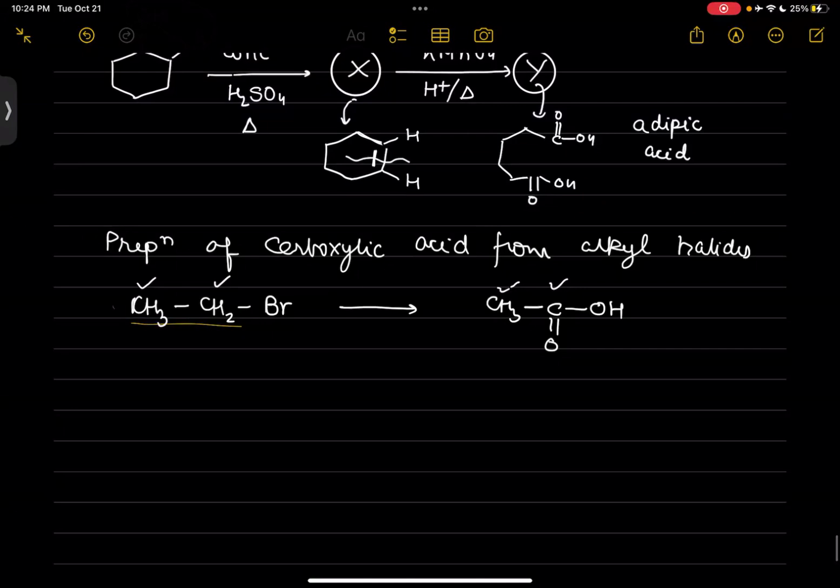So do we need to put in an extra carbon, or do we need to continue with the same number of carbon atoms? First you should keep this in mind. We need to continue with the same number of carbon atoms, because two carbons are there in bromoethane and two carbons are there in acetic acid. Got it? Is it clear or not? Okay. Next, so what should we do?